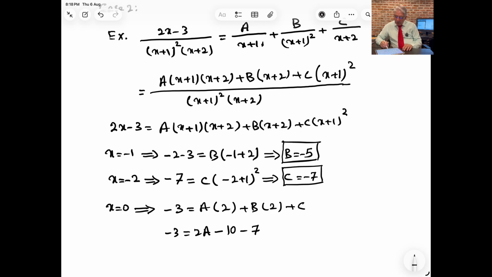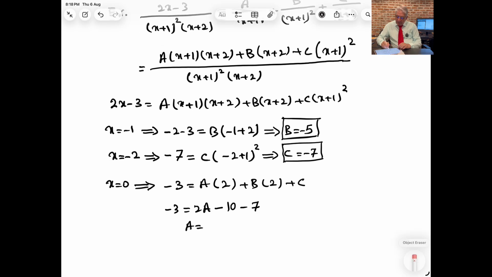You can see here you are getting negative 17, so this side will be positive 17, 17 minus 3 is 14, then 14 divided by 2 will be 7. Therefore, you can get A is equal to 7.